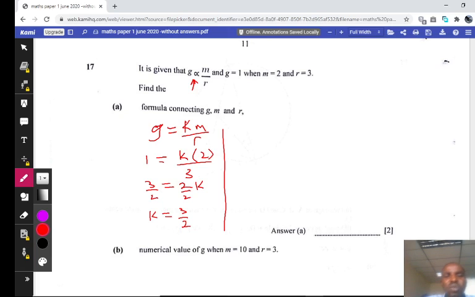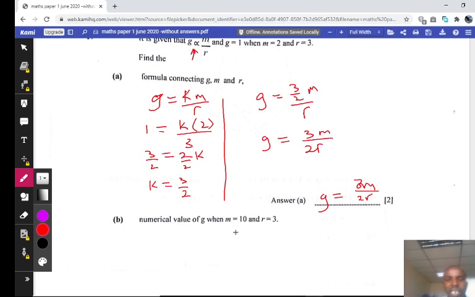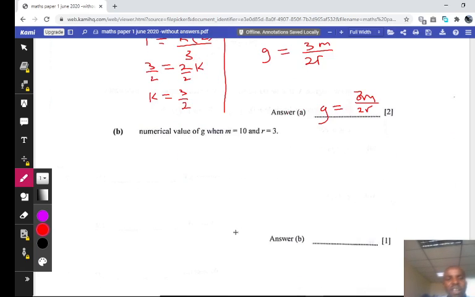Then the equation will be G is equal to, just substitute where there is K, you put 3 over 2, M over R. This is the same as 3M over 2R. This will be the final answer, 3M over 2R, like this. Then you are done. Next part.